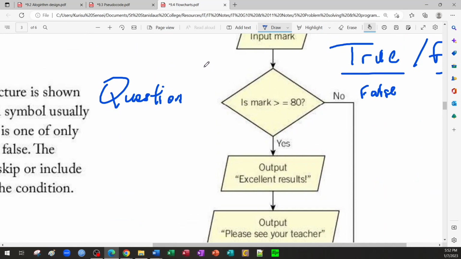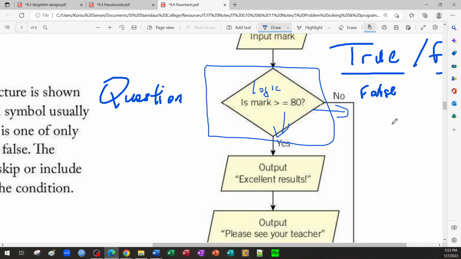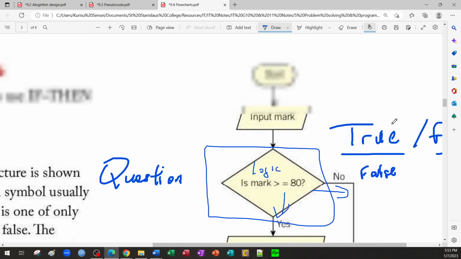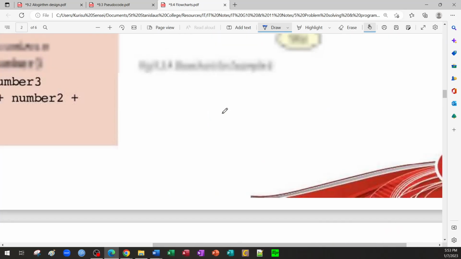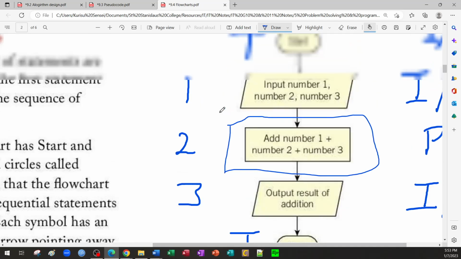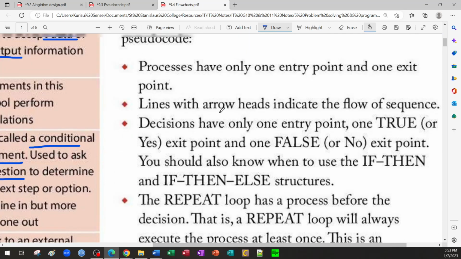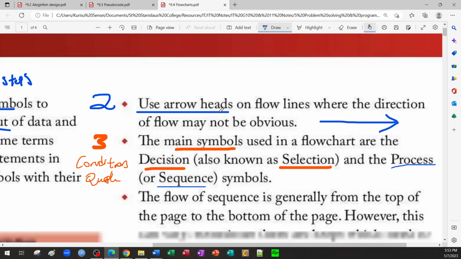And even the decision symbol, this is what allows us to perform another form of calculation called logic calculation, where we can test if something is greater than, less than, equal to, whatever the case may be, and take different paths in our flow chart. So those are the main symbols that we should have in our flow chart, because that is what is going to give us results.